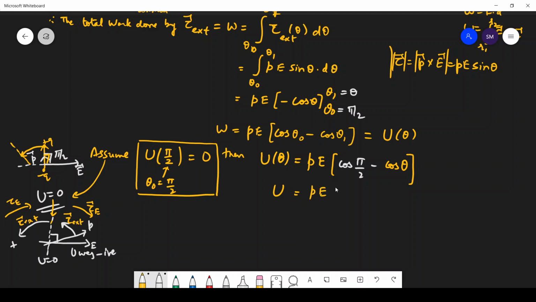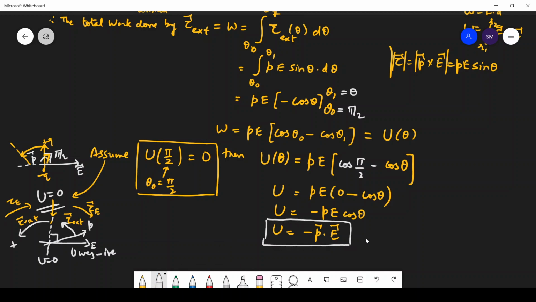So PE times 0 minus cos theta, and U equals minus PE cos theta. What is PE cos theta? That is P dot E. So this is what we were to derive, that U is equal to minus P dot E.